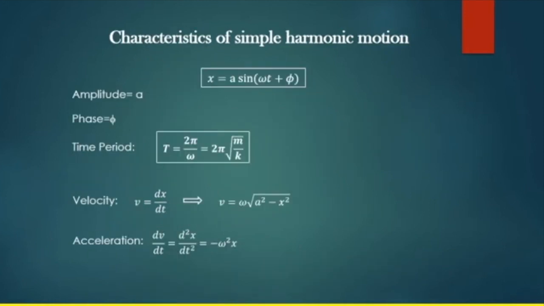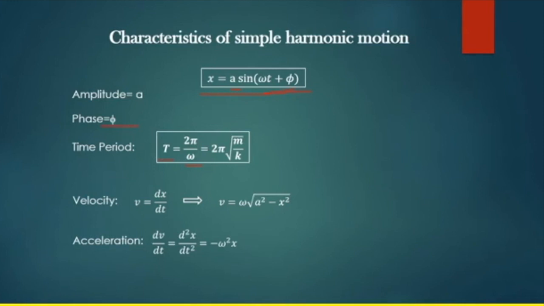Now coming to the characteristics of simple harmonic motion, as we already know the equation for simple harmonic motion. Here A is amplitude, phi is phase, and the time period we can calculate from the known equation 2 pi by omega, where omega is the frequency.